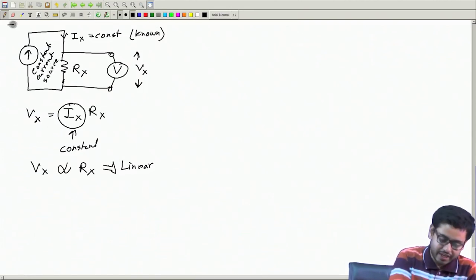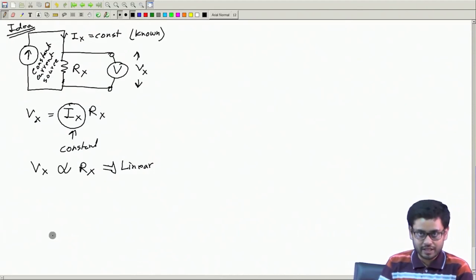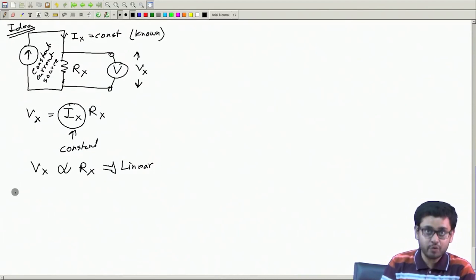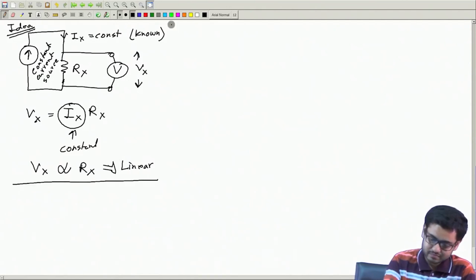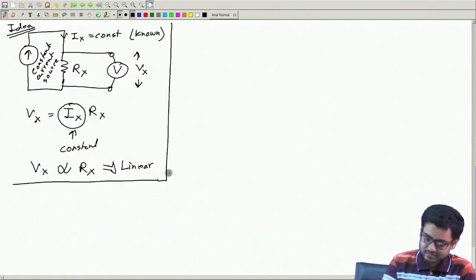Okay. So, this was the idea behind the linear ohm meter. Now, let us see how we can realize a constant current source. We will use a transistor. Okay, let me draw the circuit here.